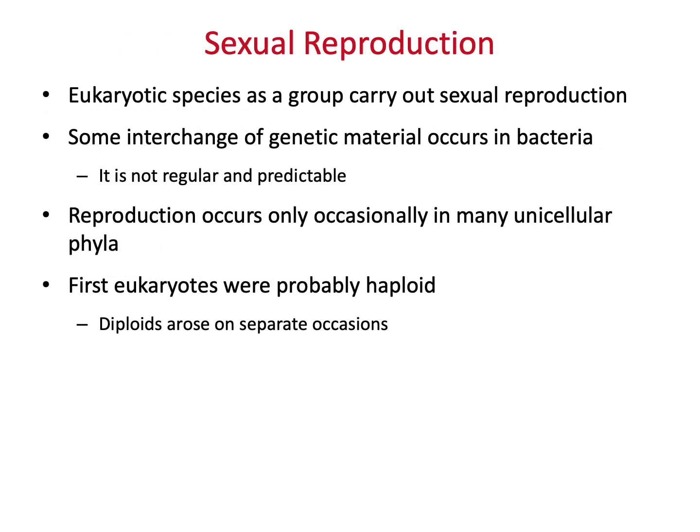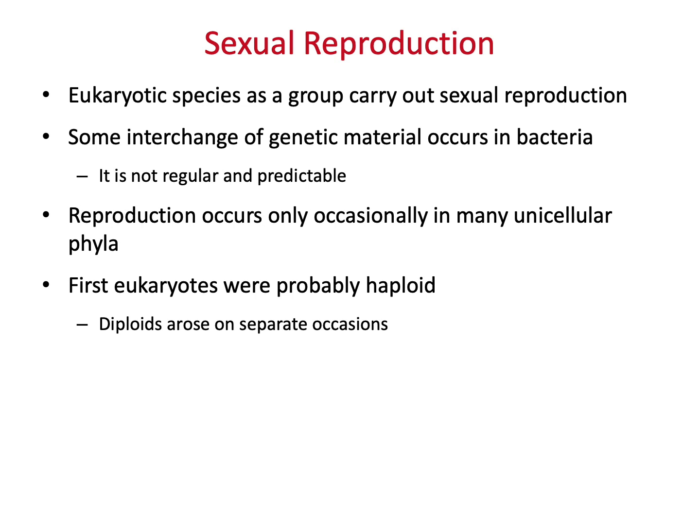Lastly, another shared characteristic of eukaryotes is sexual reproduction. Eukaryotic species as a group carry out sexual reproduction. Some interchange of genetic material occurs in bacteria, but it's not regular and predictable. This happens through conjugation with sex pili and sometimes horizontal gene transfer.